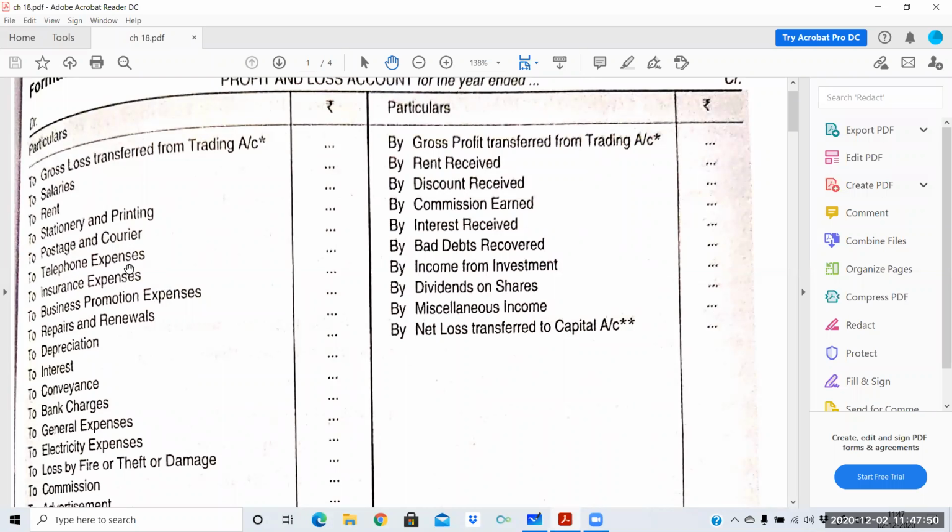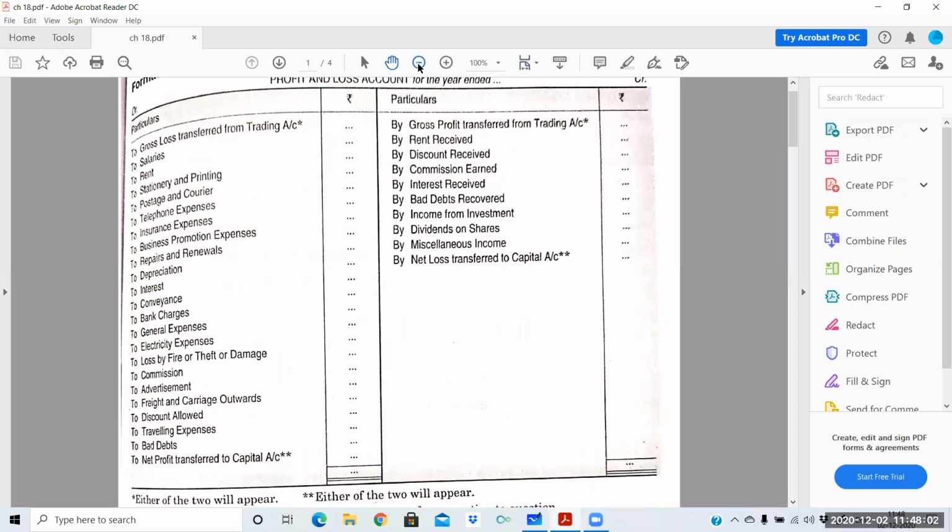Postage and courier, telephone expenses, all these are the expenses which are needed to continue the business, for the smooth running of the business, for the sale of the goods. Insurance expenses, business promotion expenses, all these are the expenses.